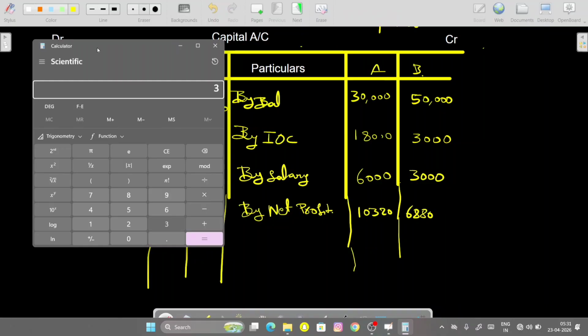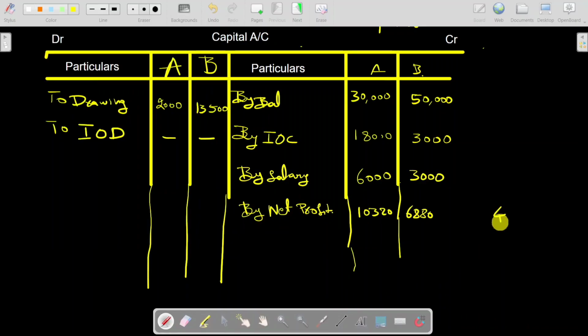For A, how much credit balance do we have? 30,000 plus 1,800, this is 1,800 only, not 18,000, plus 6,000 plus 10,320. So A's total credit is 48,120.